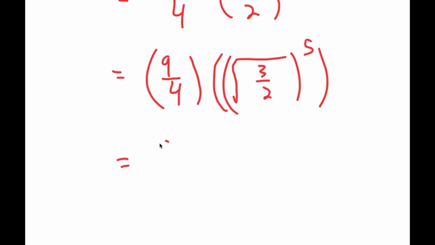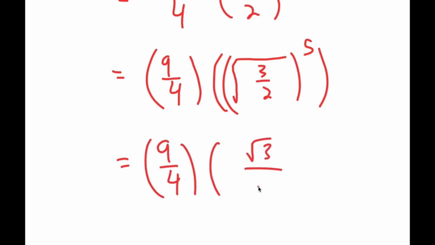And this turns into 9/4 times the square root of 3 over the square root of 2, and the square root of 3 I can put to the power of 5, the square root of 2 I can put to the power of 5.